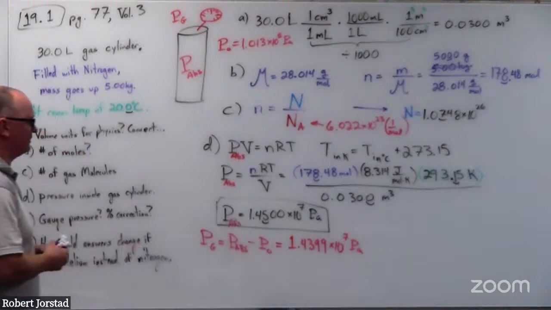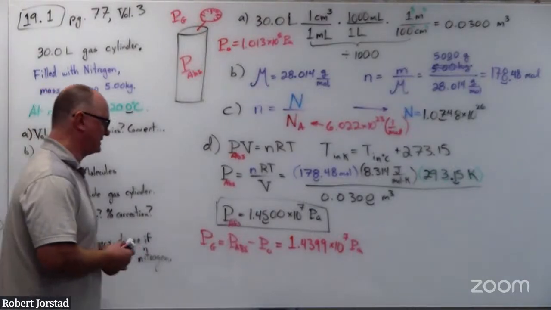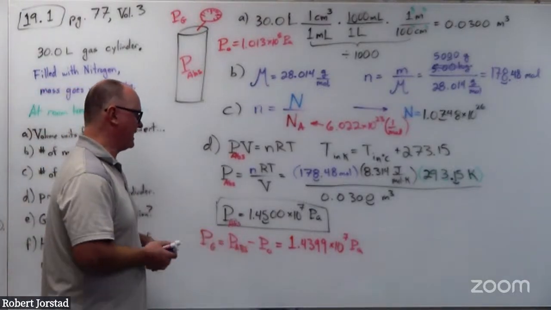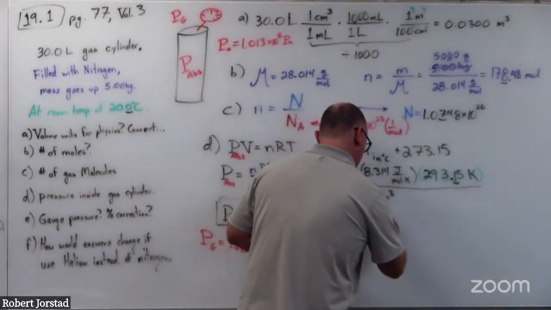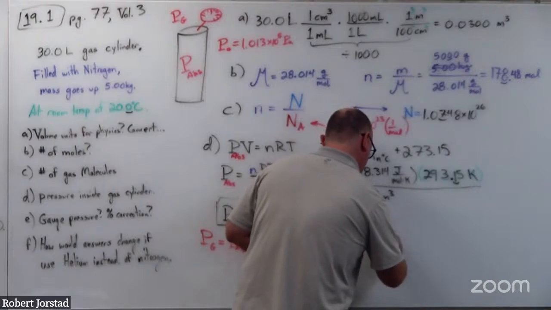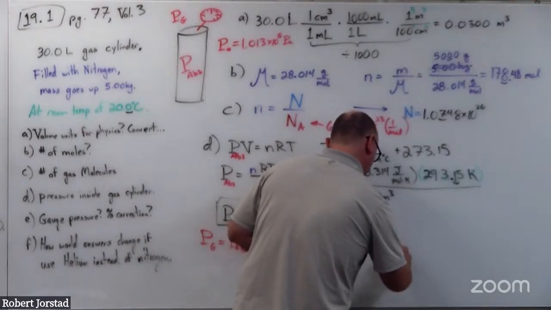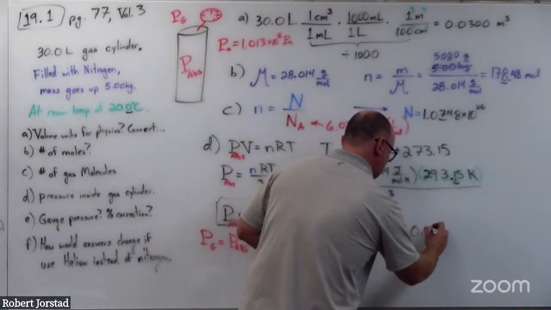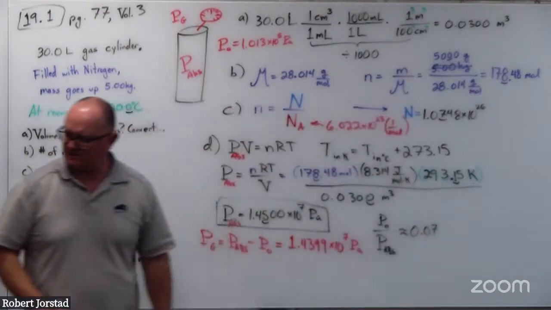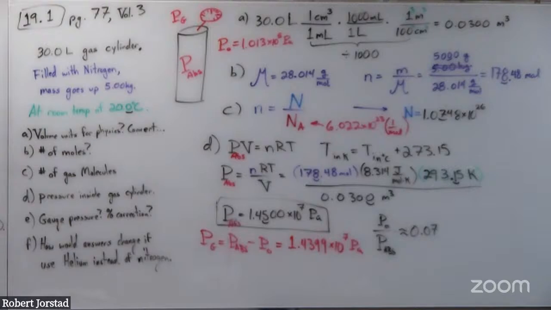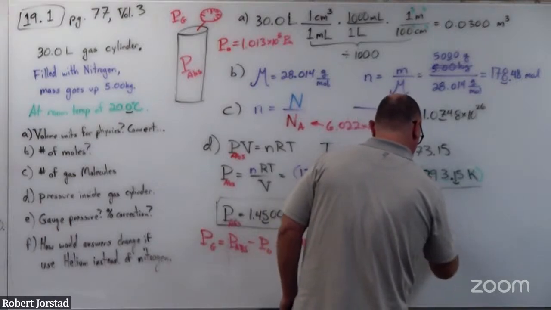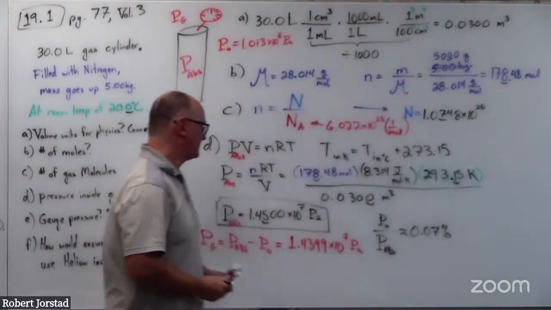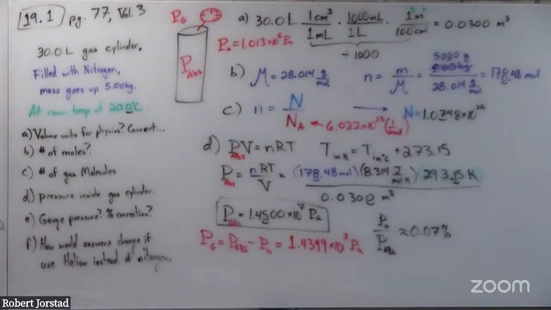Percentage-wise, you can do the math on this and just say, what's P naught out of the absolute pressure? So P naught out of P absolute is about 0.07, is that right? I think I worked this out. It's off by about 1%. Wait, is that right?